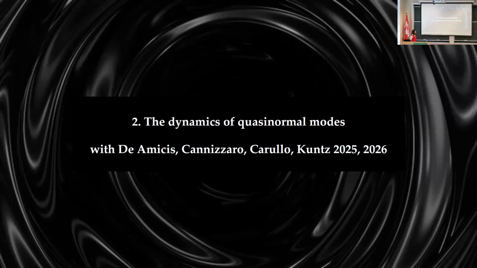So this motivates trying to use different techniques, or kind of going back to the drawing board and look again at how we derived the expression for the excitation coefficients and what we left out in that process. So this was work led by Marina De Amicis, who's a postdoc at Perimeter, and also with Enrico Cannizzaro, Gregorio Carullo, and Adrian Kunz.